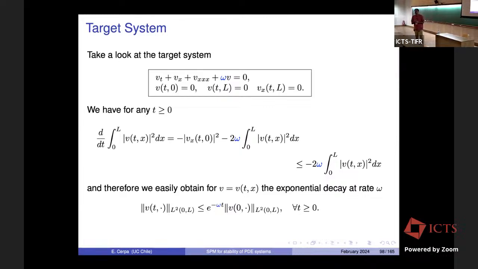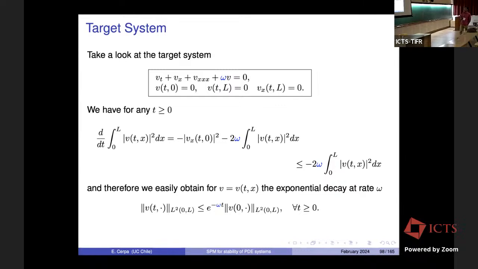Because omega is constant, we get the full energy with the right sign. In this case, with the internal damping that we add, we can just neglect the boundary trace, which was the main concern in that situation. Here we just forget about it and keep this minus 2 times omega times the energy. It's a very simple computation.